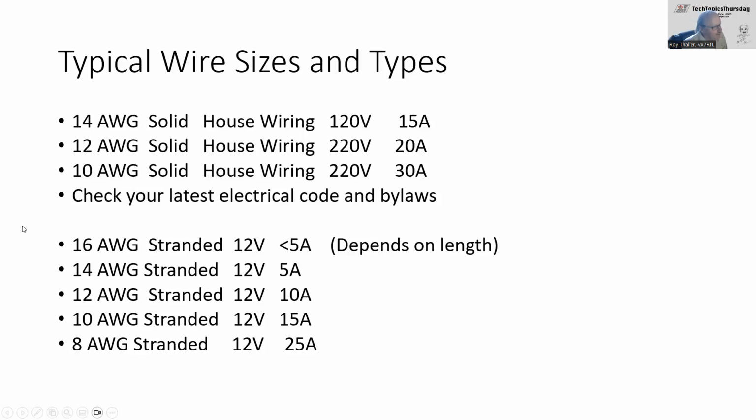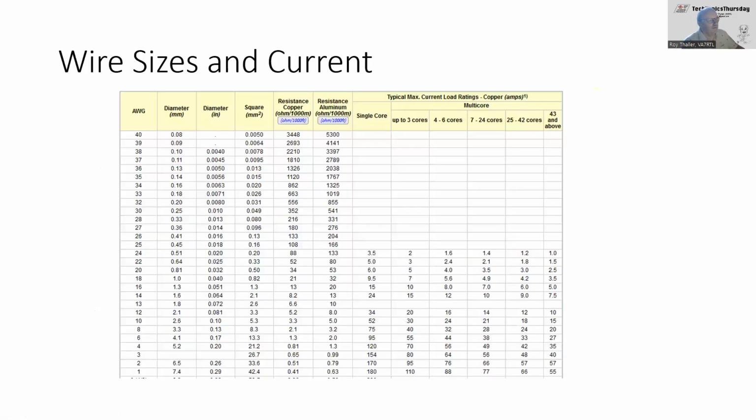And then typically for DC, you use different sizes, and here you're more concerned about the current and how long the wire is going to be. I've got some tables coming up to show you. Here is a typical example.